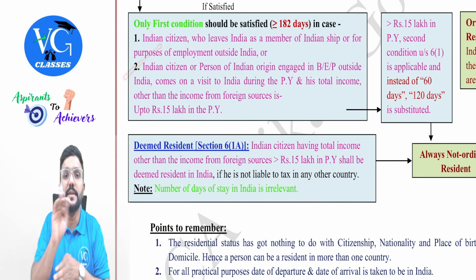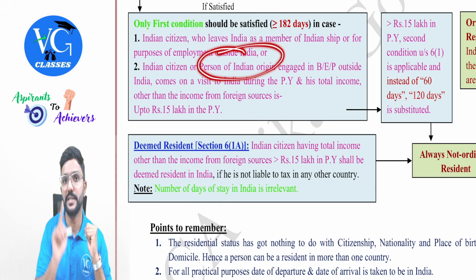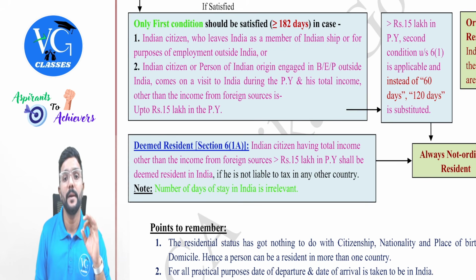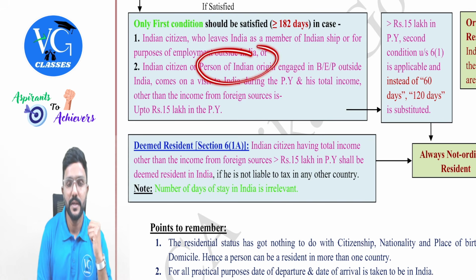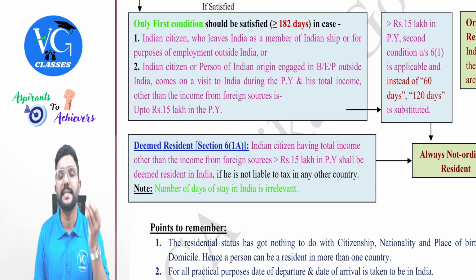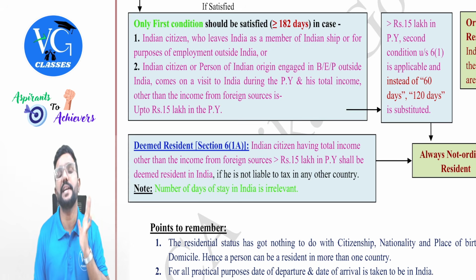So the first point was going outside India, whereas the second point is the reverse. Indian citizen or a person of Indian origin. One extra person is covered here. Person of Indian origin was not there in the first point. Please be careful, guys. Now, who is the person of Indian origin? If an assessee or any of his parents or grandparents are born in undivided India, we call them a person of Indian origin because their origin is in India.